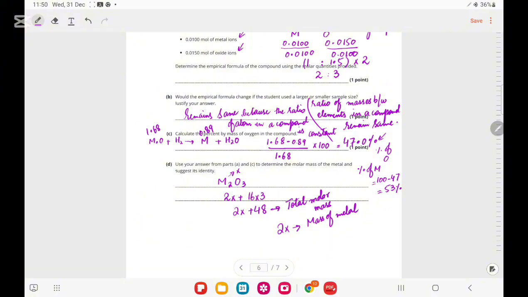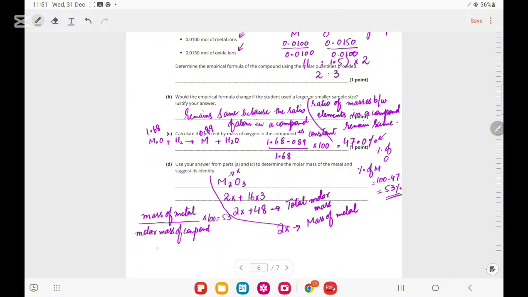Now we know the percentage of the metal is going to be 53%. So I am going to use the formula: mass of metal divided by molar mass of compound, times 100, and it comes out to be 53.